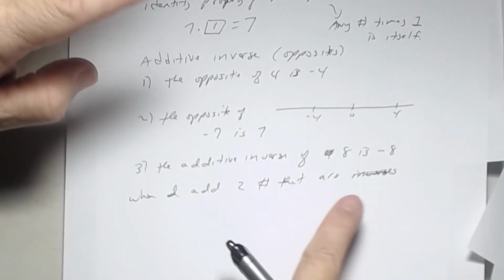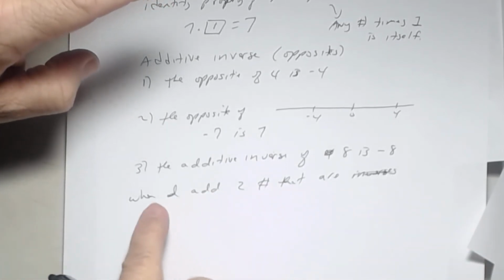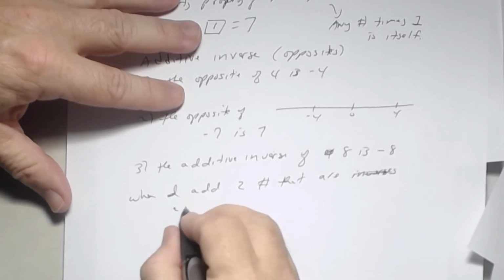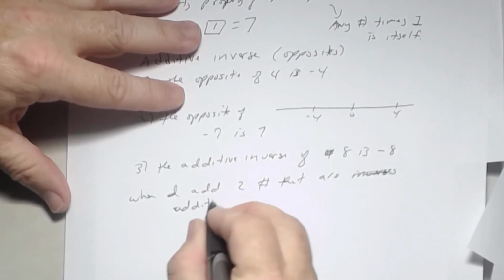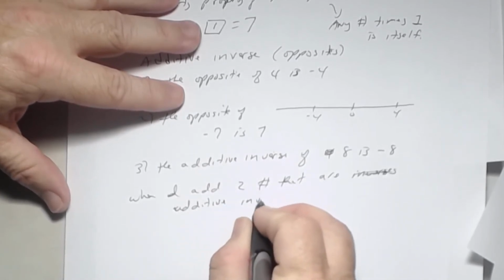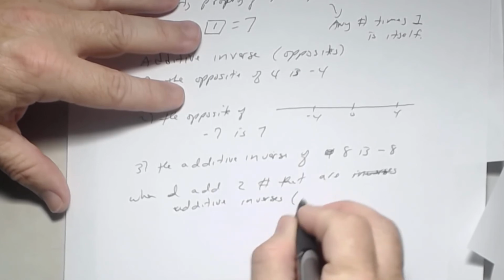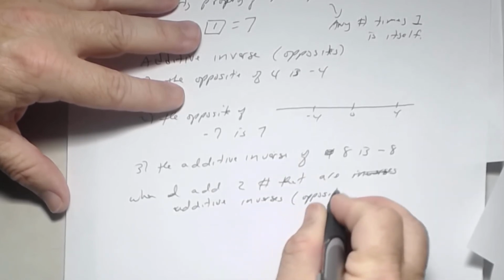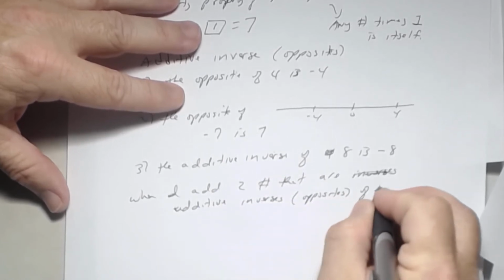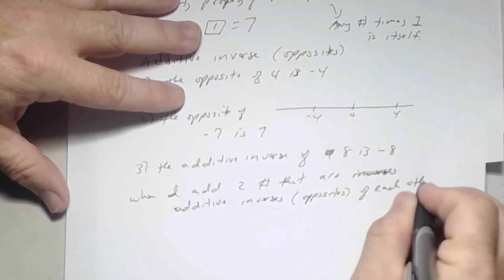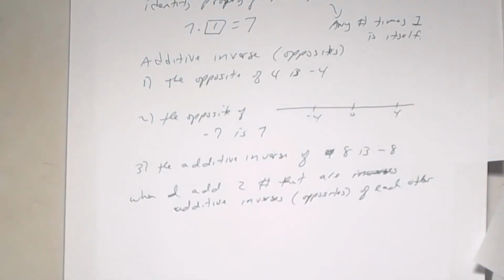When I add two numbers that are additive inverses of each other, or opposites of each other, what do they add up to be? 0. Has to be 0. The identity, right?